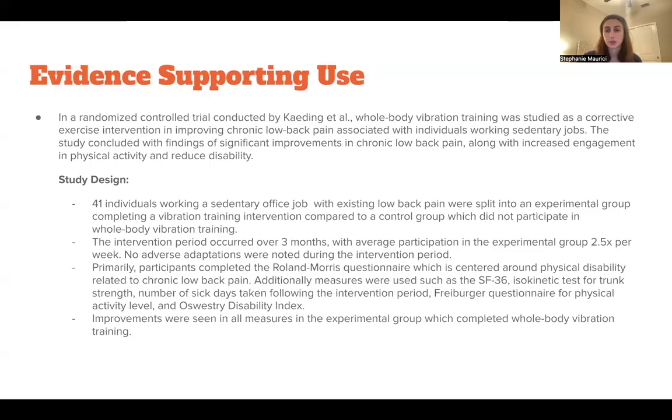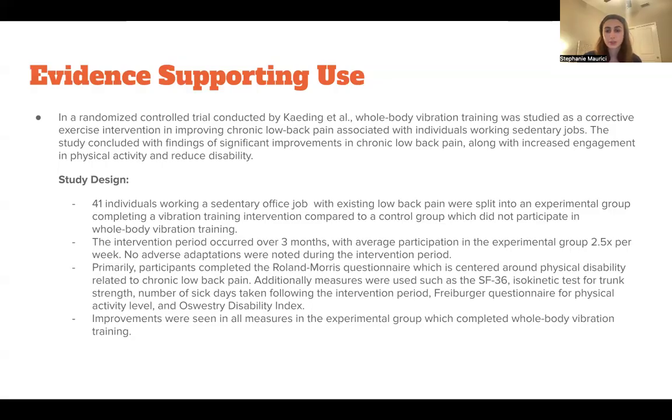The intervention occurred over 3 months, and the average participation was 2.5 times per week. For data collection, participants completed the Roland Morris questionnaire, which is centered around physical disability related to chronic low back pain.